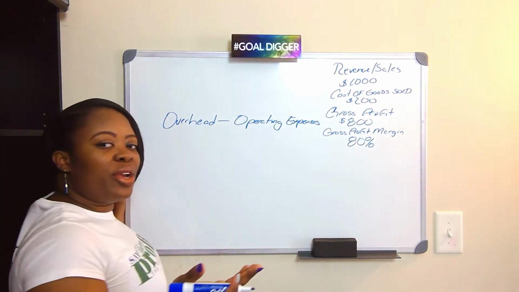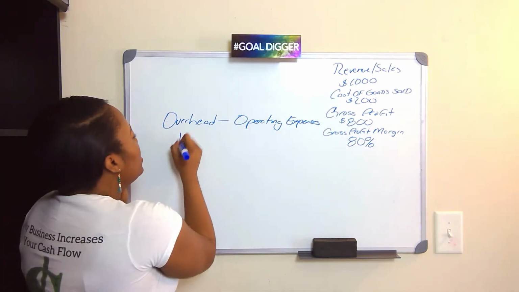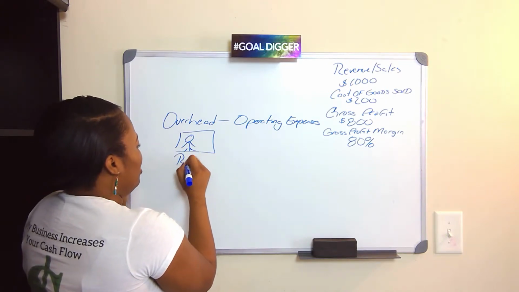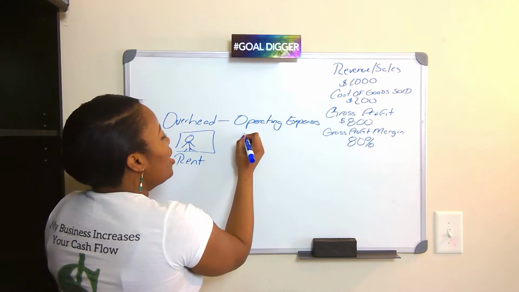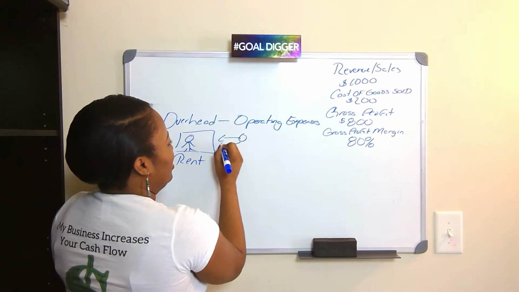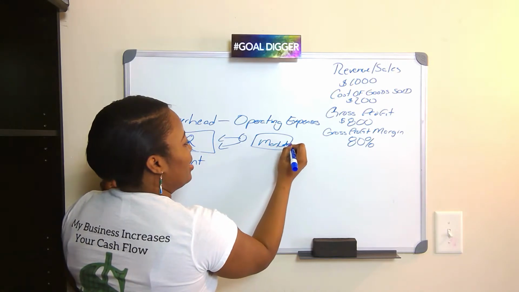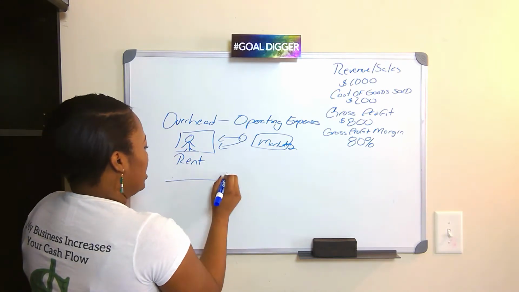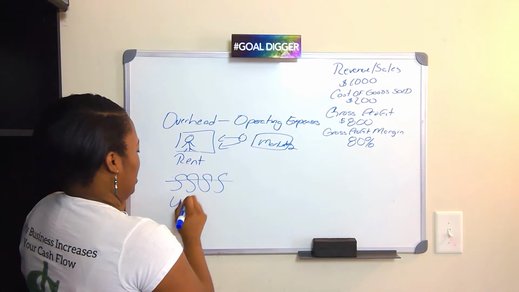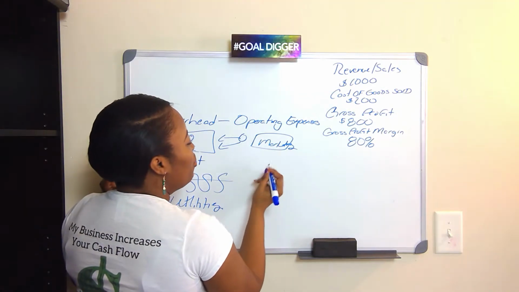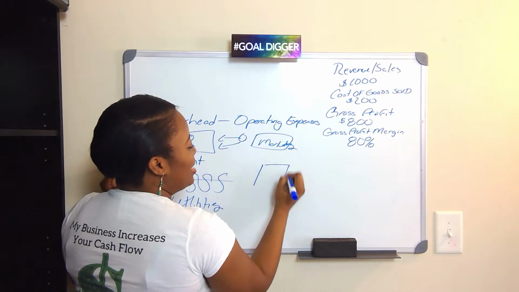Now, you have very important operating expenses, such as your rent, marketing, utilities, and you definitely can't forget your accountant.